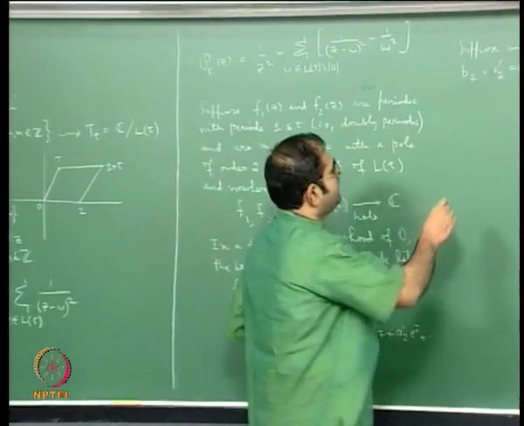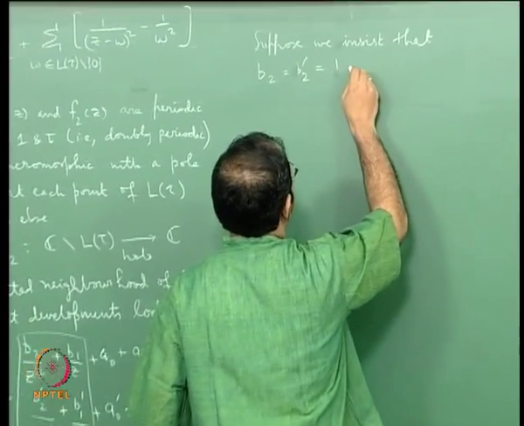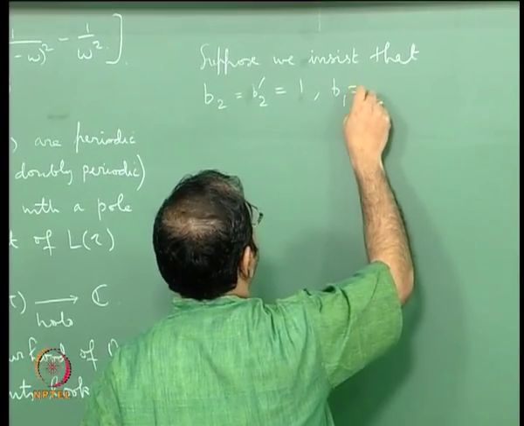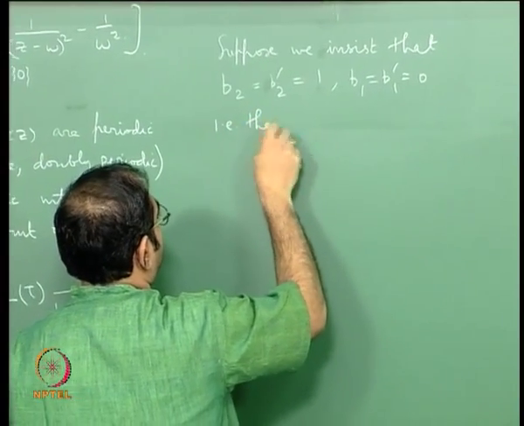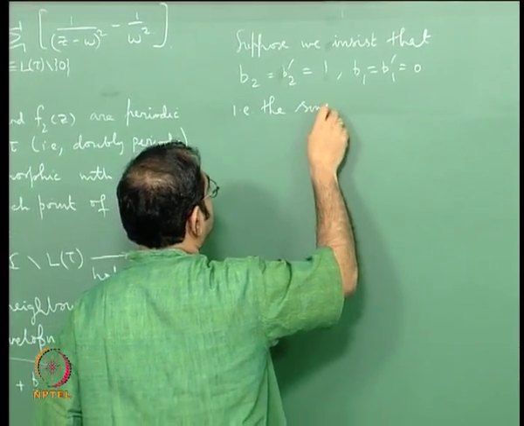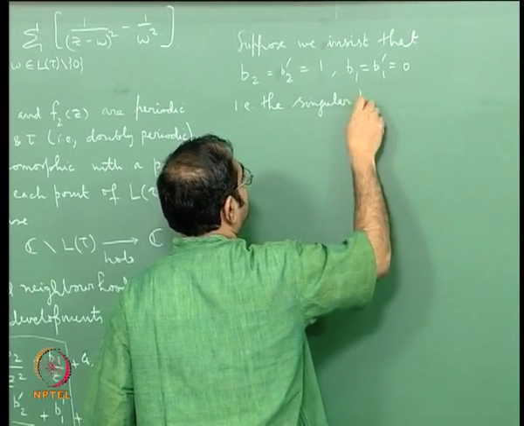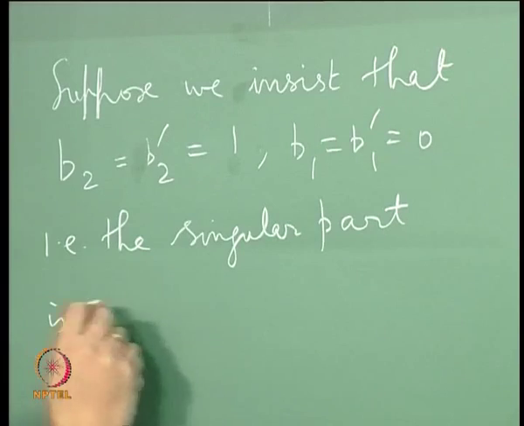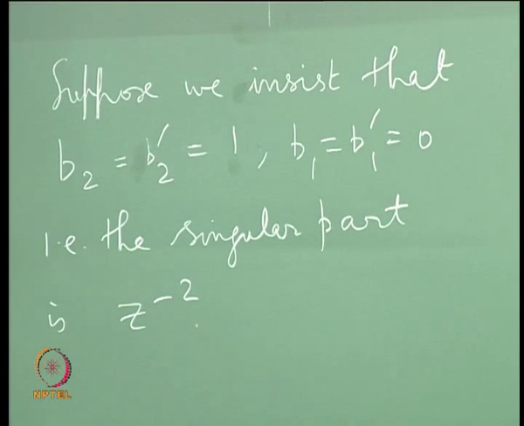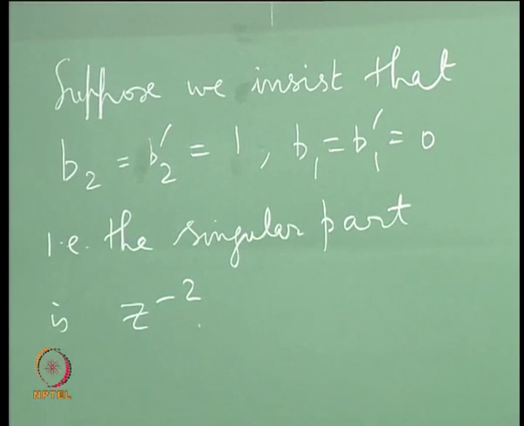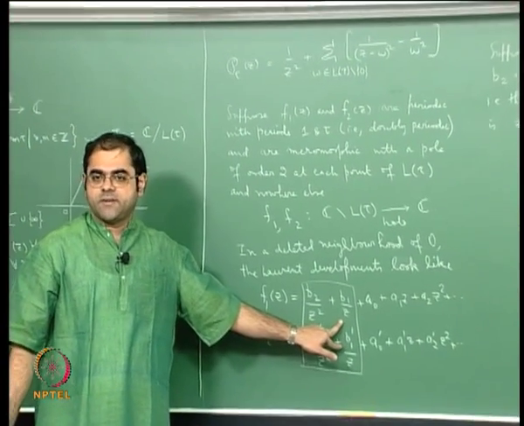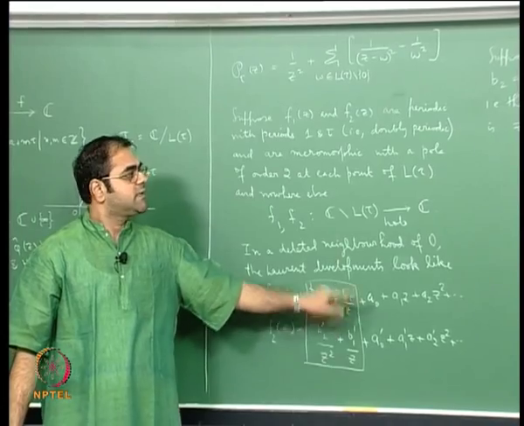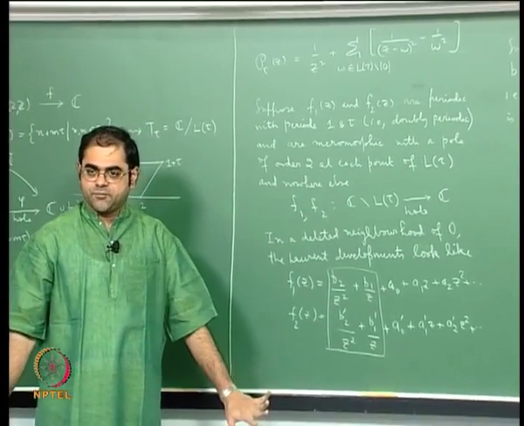So b1 is equal to b1 prime is equal to 0, in other words, the condition is the singular part is z to the minus 2. In general the singular part will be some constant into z to the minus 2 plus some constant into z to the minus 1. The normalization that I do is that I say the singular part has to be z to the minus 2.